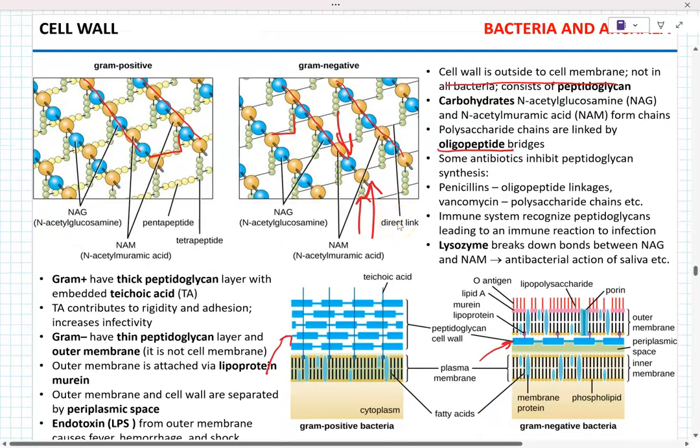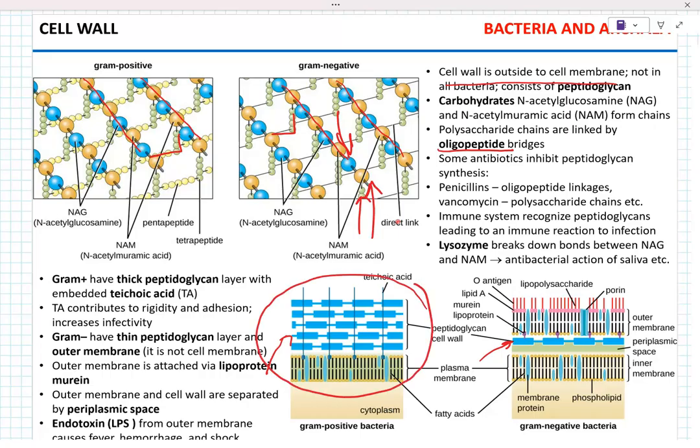So this peptidoglycan cell wall is different in different types of microorganisms. This is why we call some bacteria gram-positive and some bacteria gram-negative. Gram-positive bacteria have a thick layer of peptidoglycan just outside of the membrane. So their cellular envelope effectively consists of two layers, a membrane and a wall.